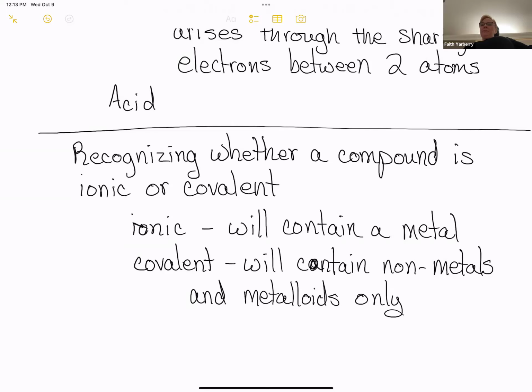I'm sorry, astatine, element 85. If it is to the right of what I just labeled, it's a nonmetal. If it is to the left, it is a metal. And again, if it contains a metal, it's an ionic compound.